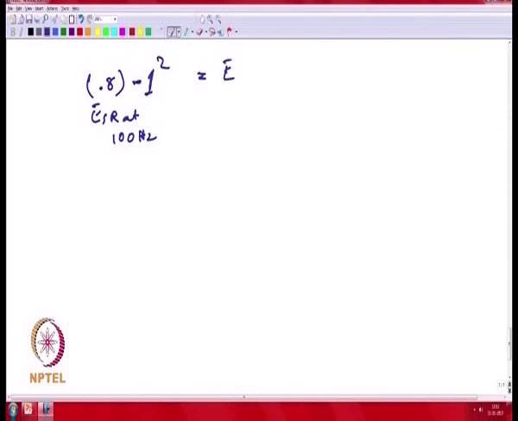So the ESR at 20 kilohertz, into 1.4 amps square, one would be able to calculate the ESR, which turns out to have a value of 0.41 ohms.